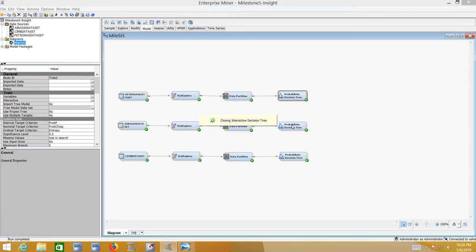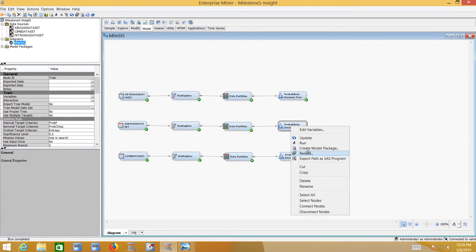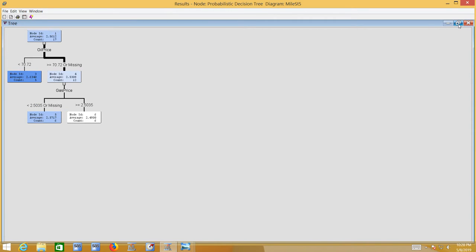I've done the same analysis for the AirAsia company, and this is the result, which is a little different from Petronas. As you can see here, for AirAsia, oil price is the most important variable, and after that gas price.